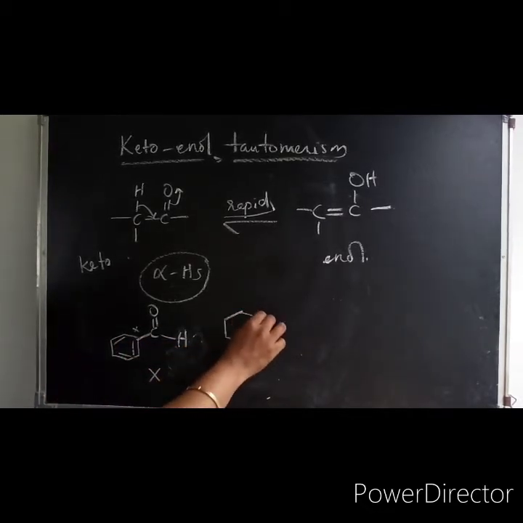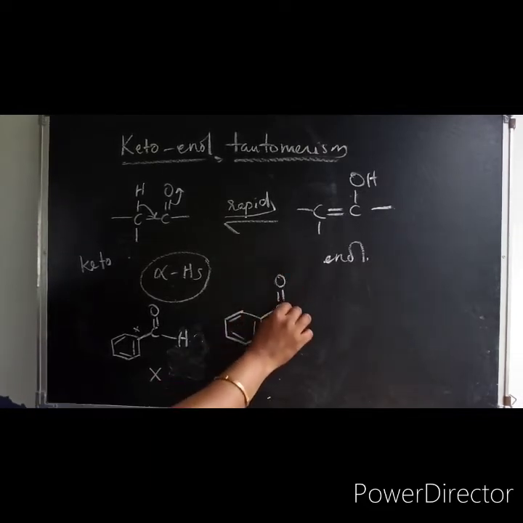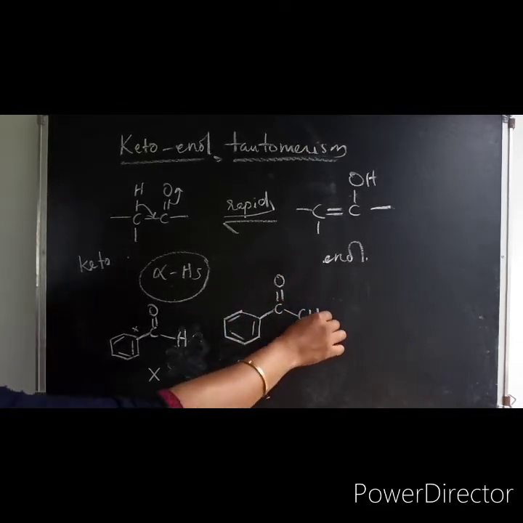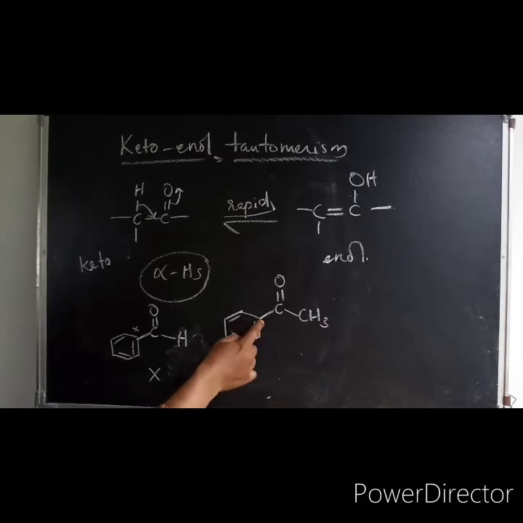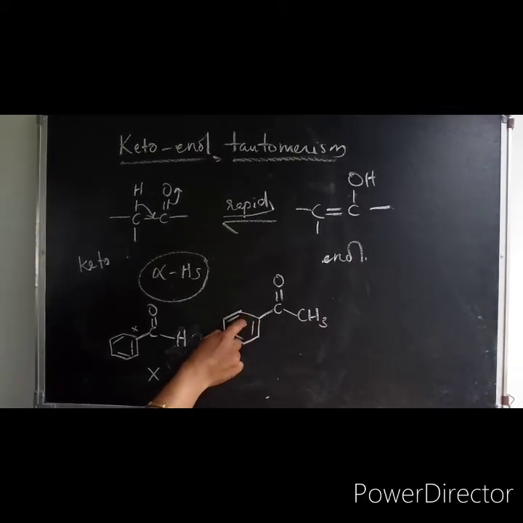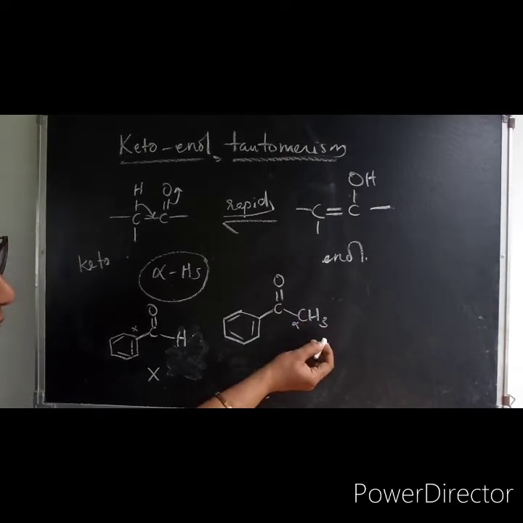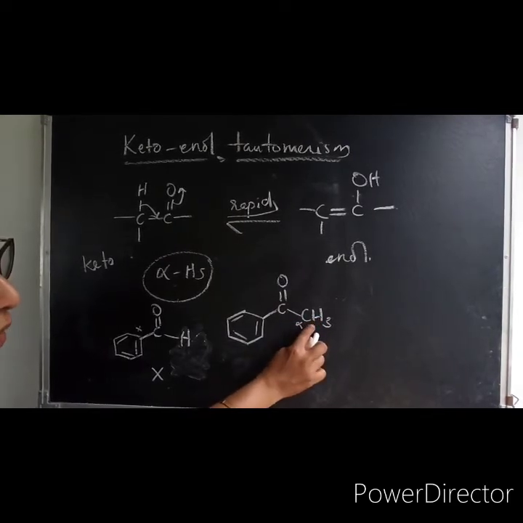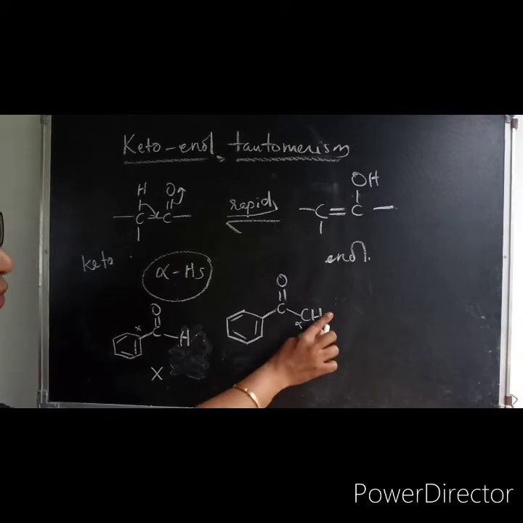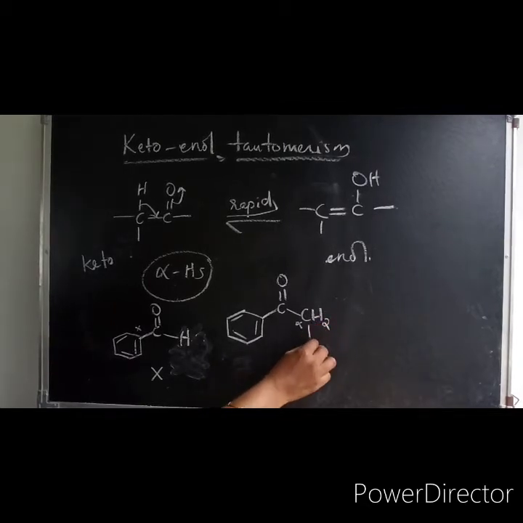Suppose you are taking acetophenone. This is acetophenone. On this side, as I said earlier, there is no hydrogen, so no alpha hydrogen. But on this side there is an adjacent carbon, called the alpha carbon, and the hydrogens attached to it are called alpha hydrogens. So how many does it have? 3 alpha hydrogens.